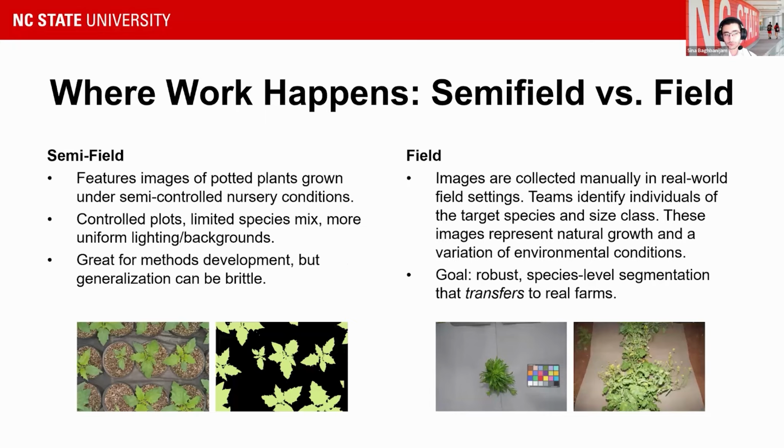So we have two types of data gathering process. The first one is the semi-field, and the second one is the field. The good thing about the semi-field is that it is semi-automated. We have these big structural devices that another team has designed, and we are using them.